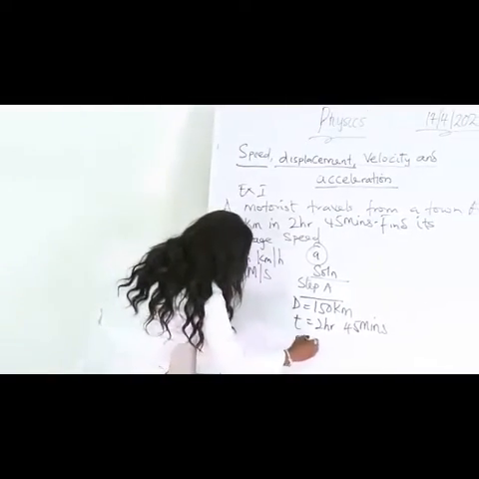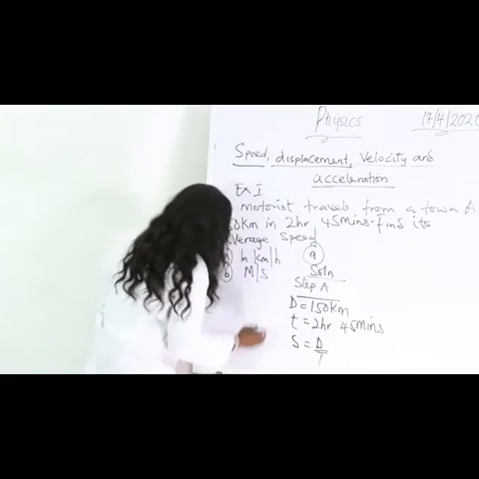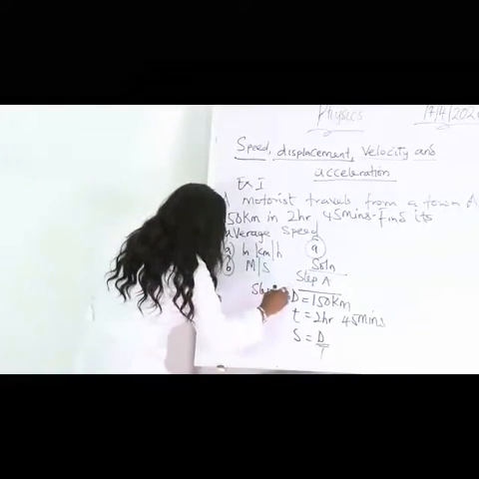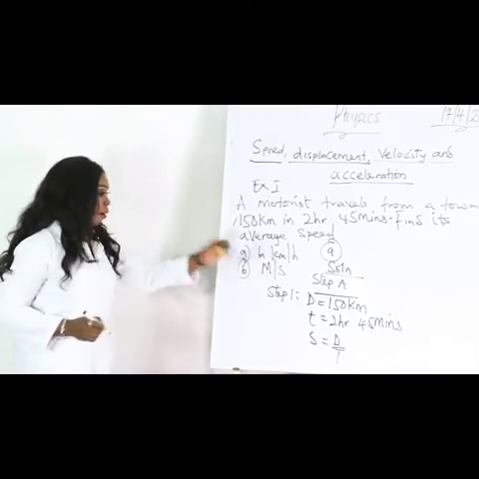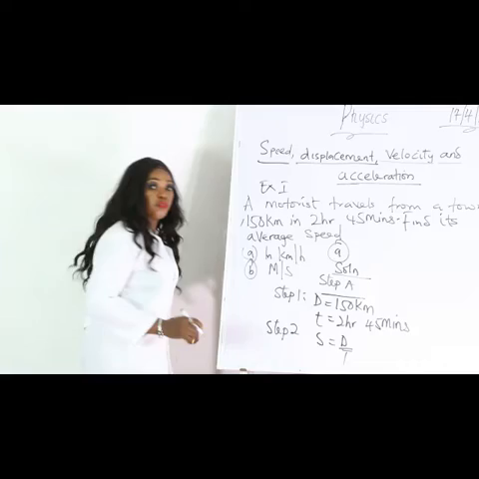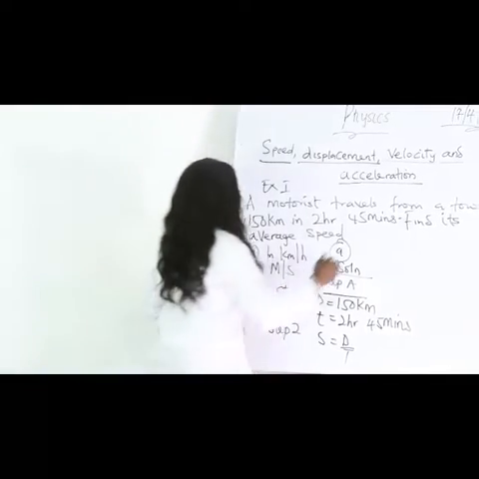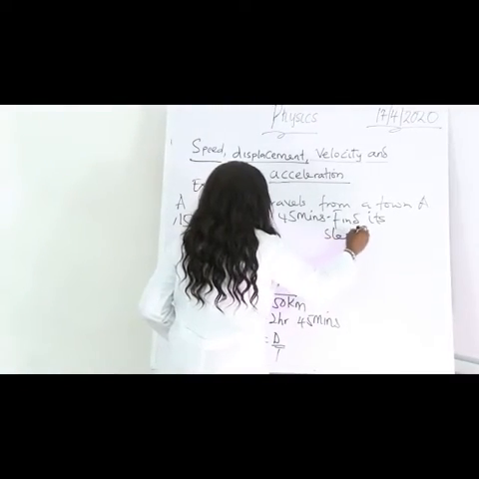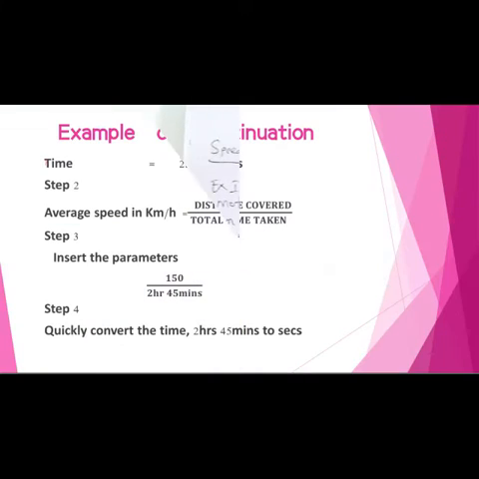So speed is equal to distance over time. Step 1, locate the parameters. What are the parameters? Step 2, what is the formula we'll be using here? And then step 3, we'll copy it into the formula. So, we'll move this way. Don't forget that our D is 150, and our time is 2 hours 45 minutes.